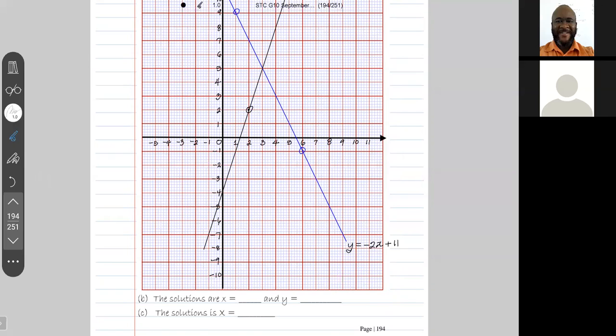So we have just drawn and labeled the 2 graphs. All right, the 2 graphs intersect here where x is 3.